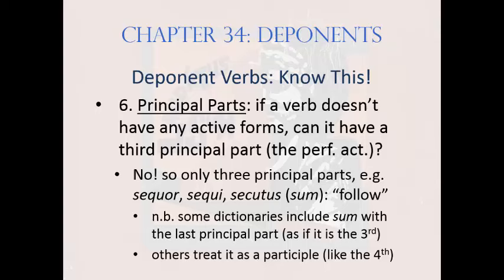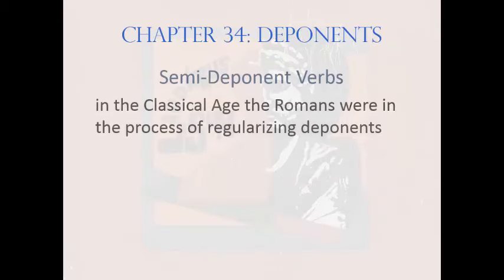I lied. There's one more thing you need to know, but it doesn't apply to all deponents. In fact, there are very few verbs that do this, so I only half lied. As the Romans were clearing out deponents, some verbs retained half their deponent forms when the other half had already been regularized. That is, had been made non-deponent.